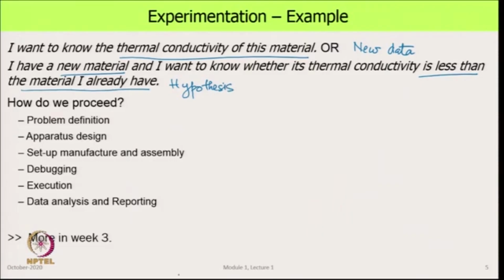There are many examples of materials whose thermal conductivity is needed. For example, if you see buildings which have got colorful panels stuck on the outside, those are composite multi-layered panels, where outside there is a base sheet of aluminum. On that there is a very thin coating of different color, which is what we see.